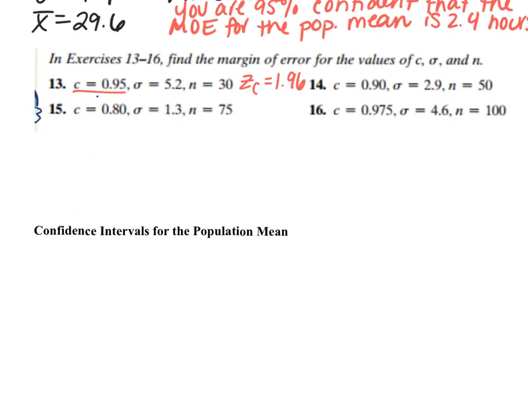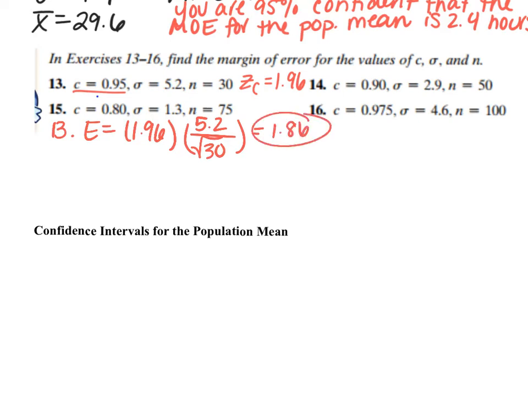For number 13, we just set up our equation: z of c, our critical value, 1.96, times our population standard deviation divided by the square root of the sample size. And we get about 1.86, okay?